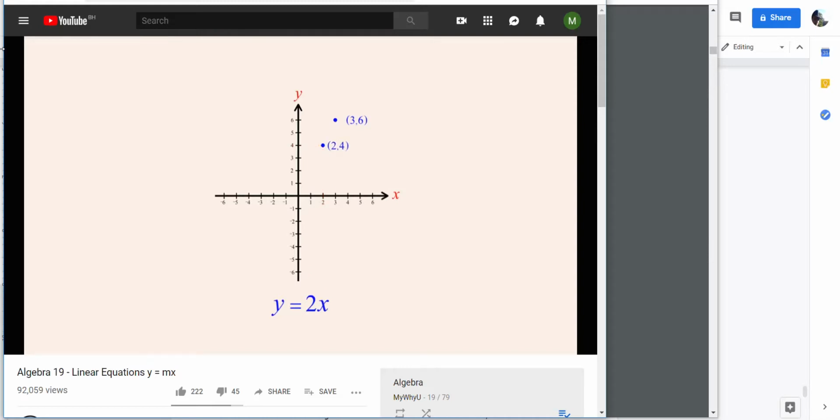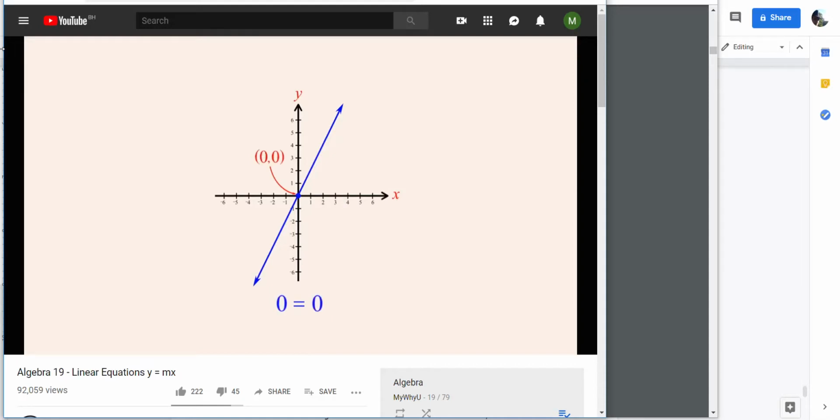If we continue to calculate more points for this equation, we will see that these points all fall on a line running through the origin. We can confirm that this line passes through the origin, since substituting the coordinates 0, 0 into this equation results in a true statement.